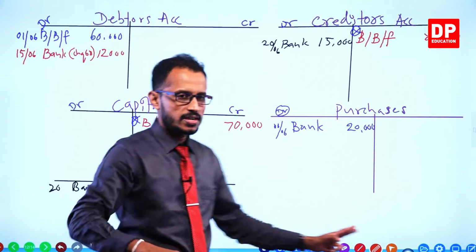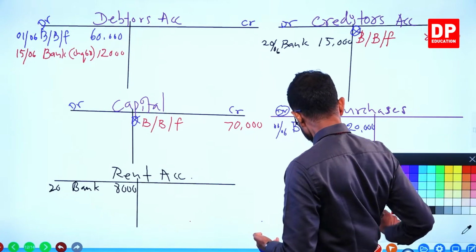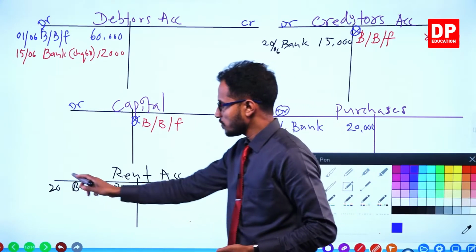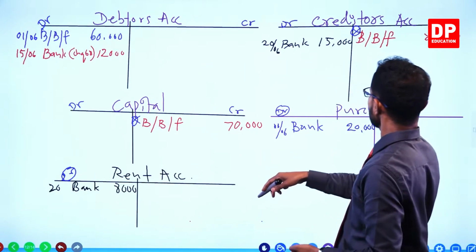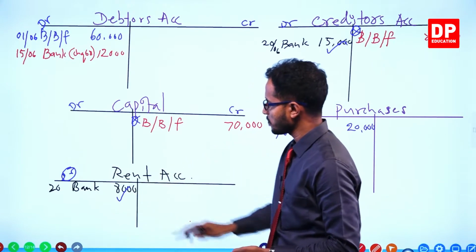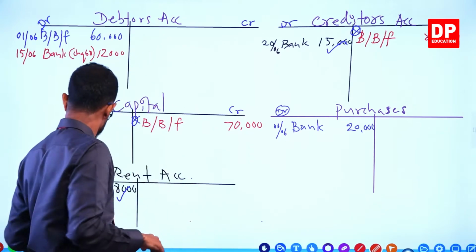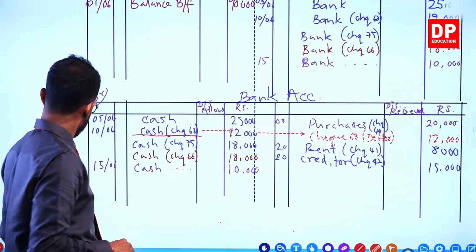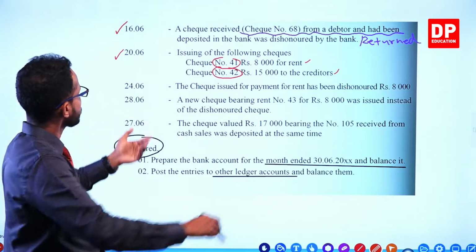See, rent is here. Rent is debit. Creditors also debit. Okay, moving on. Right, we are done with that.